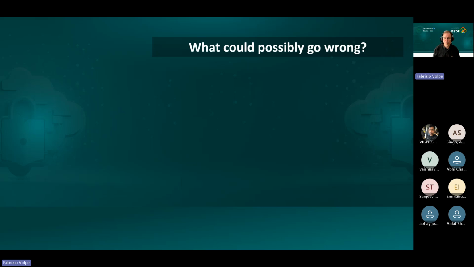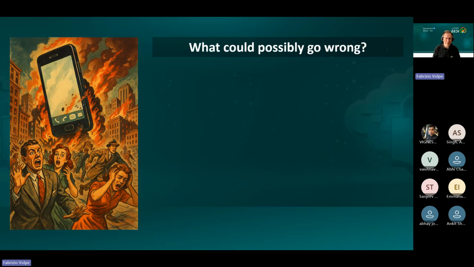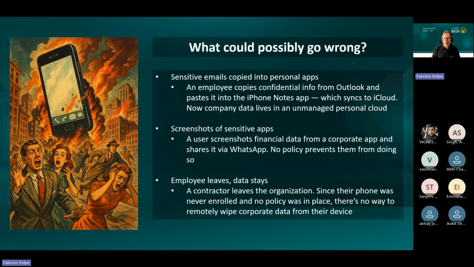So what could go wrong with your mobile having corporate data? A few examples. Somebody could copy corporate mail, which has a level of sensitivity, from the corporate mail to their own personal mail, and this way you lose control of the company information.